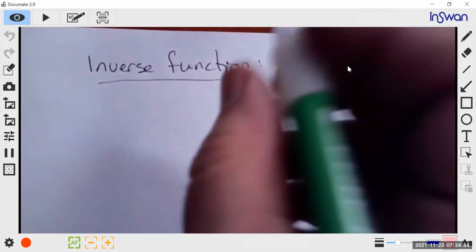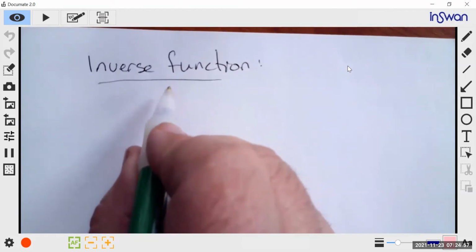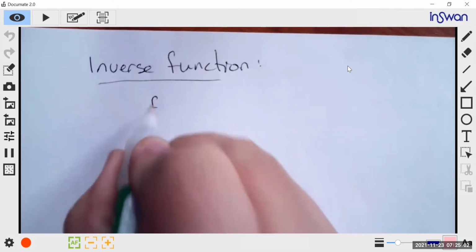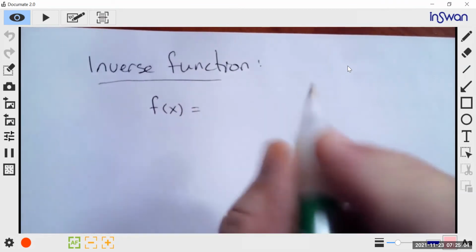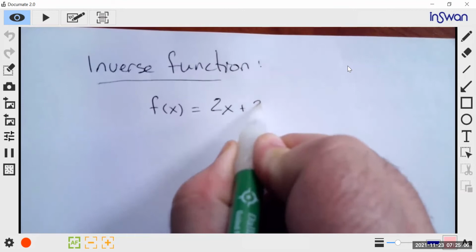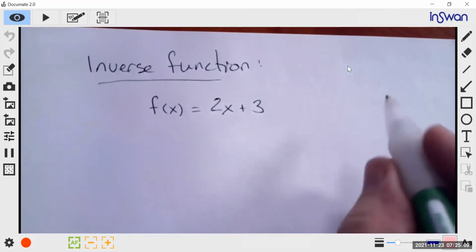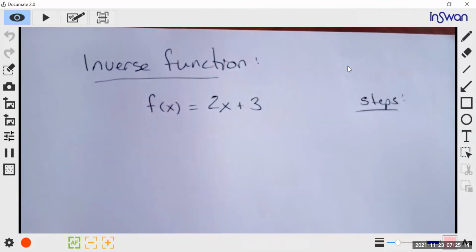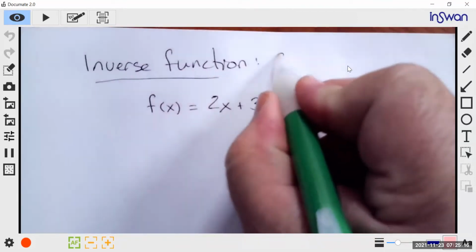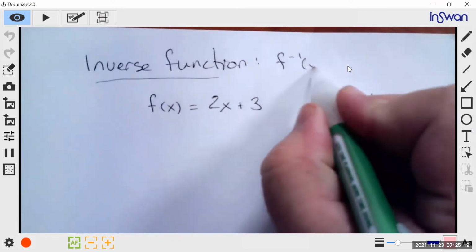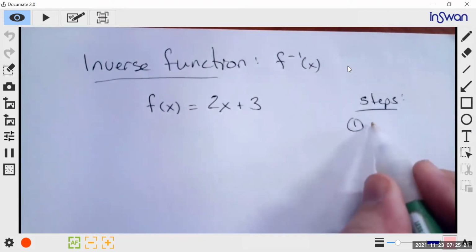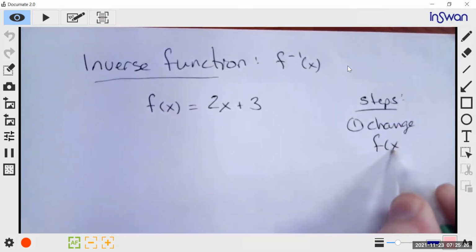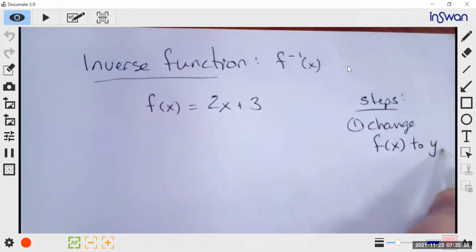So the way we find the inverse function, we had 2x plus 3. How do we find the inverse function? First step, change f of x to y.